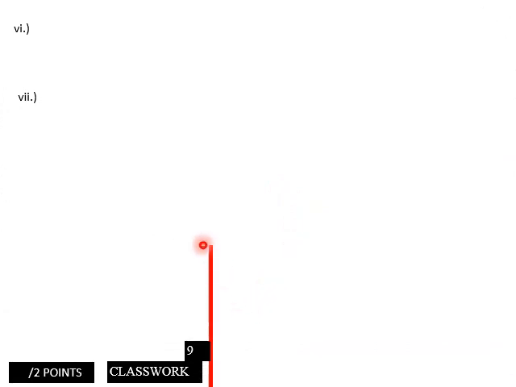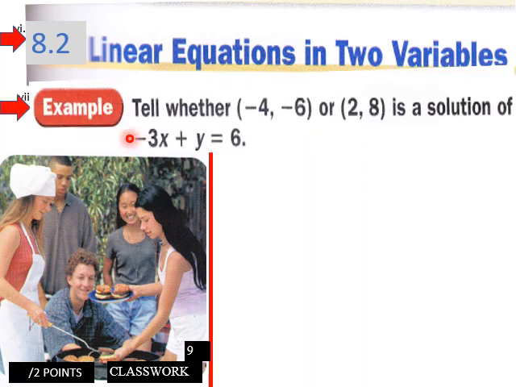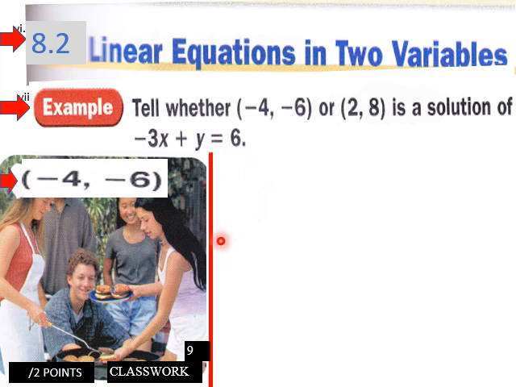Now into our next section, 8.2, linear equations in two variables. Tell whether (-4, -6) and (2, 8) are solutions of -3x plus y equals 6. How do we do that? Let's try (-4, -6).